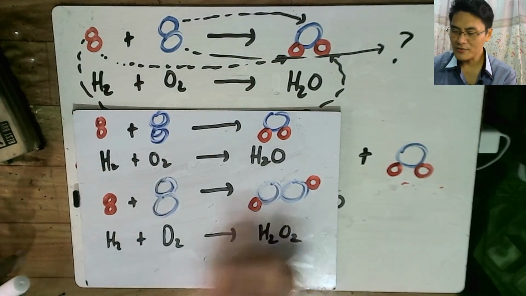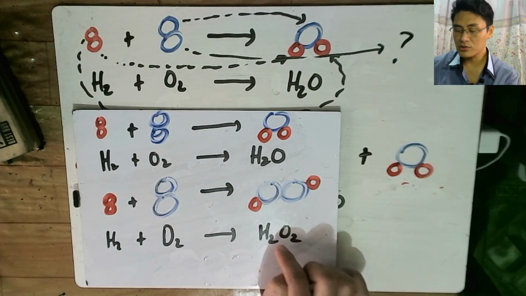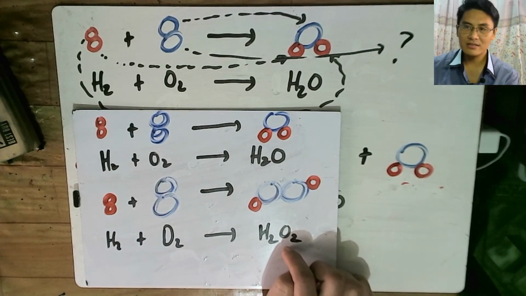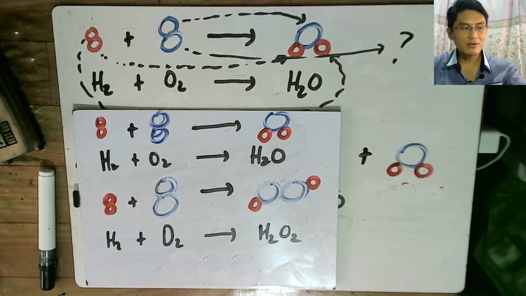Here, it solves the accounting problem. H2 plus O2 equals H2O2, or hydrogen peroxide. But this is now a completely different chemical reaction. And remember, the point of a chemical reaction or chemical equation is to represent a specific chemical reaction.